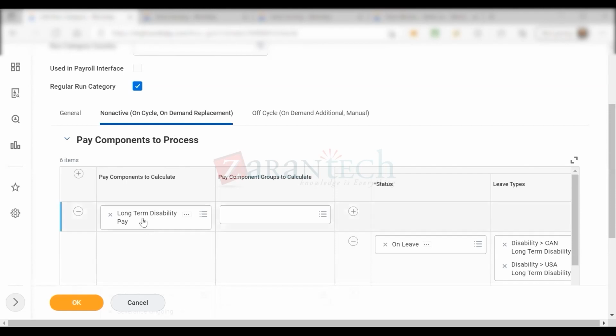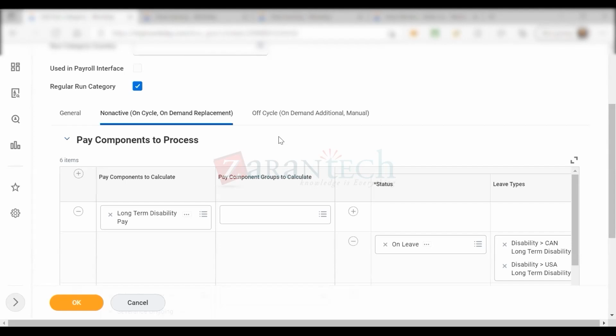No matter whether I have those codes listed out here or not. But if none of this is true, then the employee will not get calculated. The employee will actually get skipped from my calculation engine.